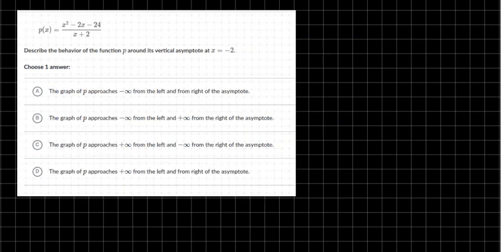Let's look at our next problem. Okay, I'm going to factor this again. This is going to be x minus 6 times x plus 4 divided by x plus 2. Okay. So now I've got 6 over here, and I've got negative 4 over here, and then I've got negative 2.